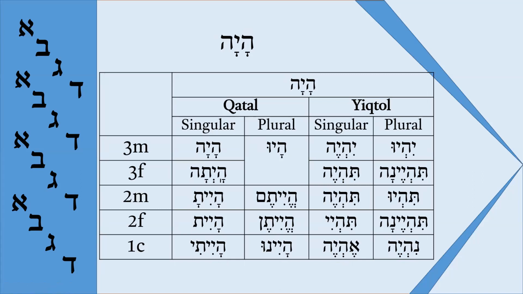And the last one is haya, which means to be, and this is a completely weak verb because it has a hey first, a hey last, and a yod in the middle. It is irregular in all things, so the only thing we can do is memorize the conjugation of this verb.